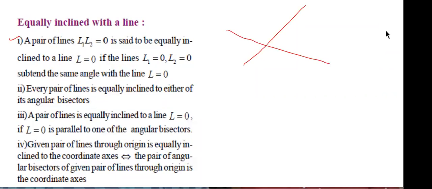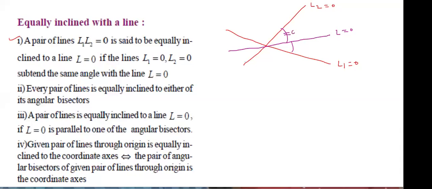Anyone you can take. For suppose this is L1, this is L2. Now, equally inclined, draw one line. This is a line L is equal to 0. Angle between L and L1, angle between L and L2.